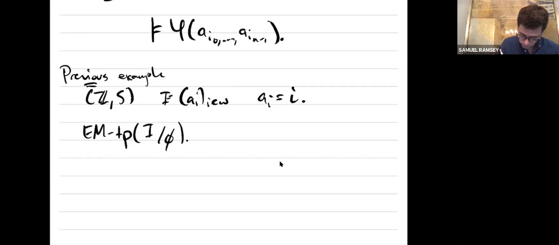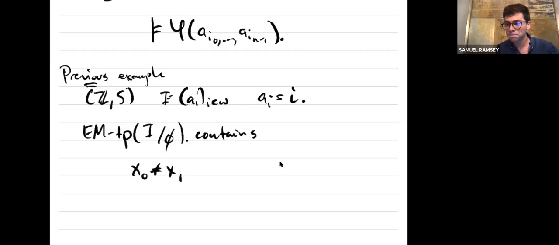We don't need to axiomatize the entire type, but let's just say it contains, for example, x_0 is not equal to x_1, because no element of the sequence is equal to any other element of the sequence. But for example, can we say something like S of x is equal to y? That's satisfied by one of the pairs, namely 0 and 1, or 1 and 2, or 2 and 3. So this is in the EM type.